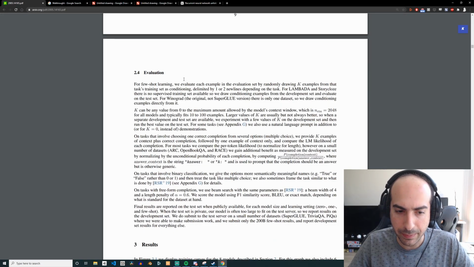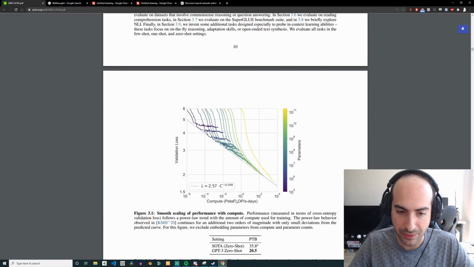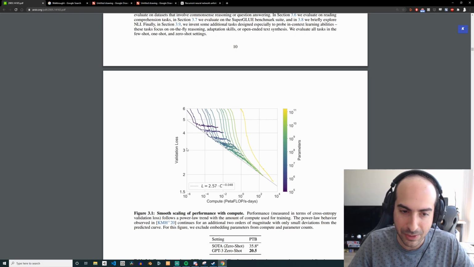But the interesting thing about this is, let's just start looking at this. This is a trend that definitely upsets people that are very theory-minded. Basically what this is saying is, if you increase the number of flops, you're going to decrease the validation loss.